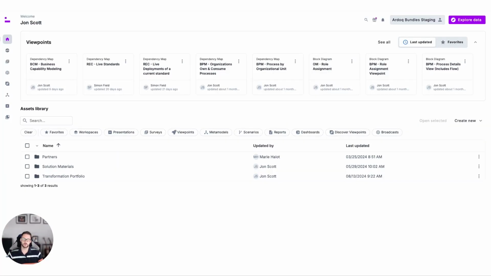This process management is all about getting a handle on and understanding what processes an organization has and how they connect into the rest of the enterprise architecture. Now, some organizations may already have process tools, and that's great.